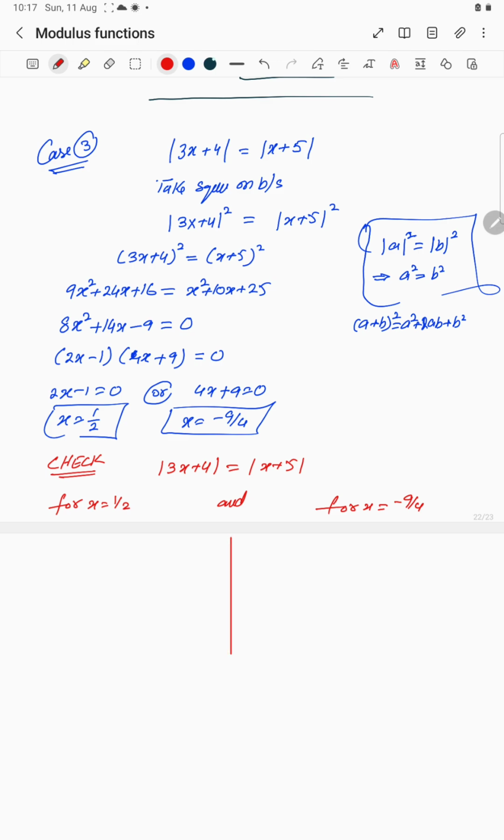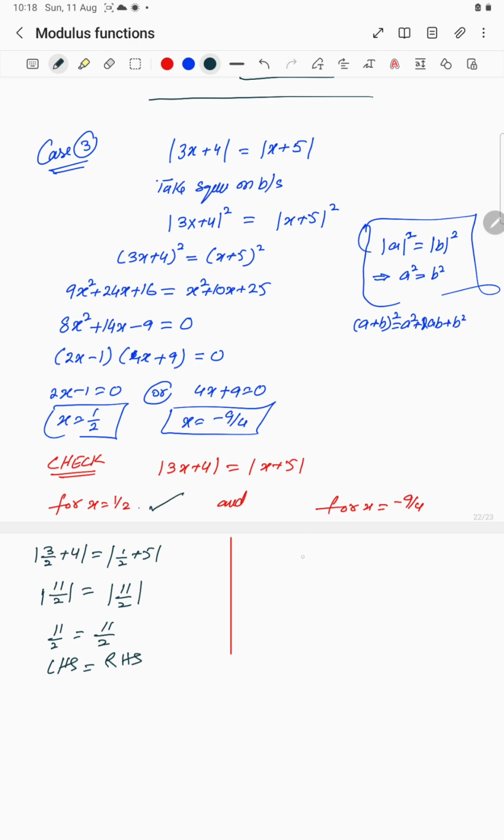In the original function with x = 1/2, we get |3/2 + 4| = |1/2 + 5|. 8 plus 3 is 11/2, modulus equal to 10 plus 1, 11/2. So 11/2 equal to 11/2. So this is one of our true solutions.